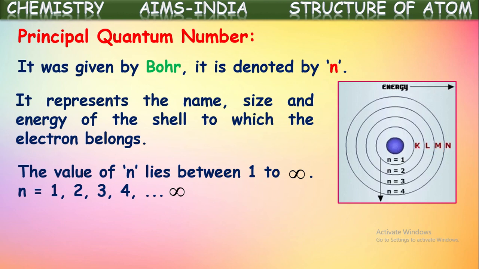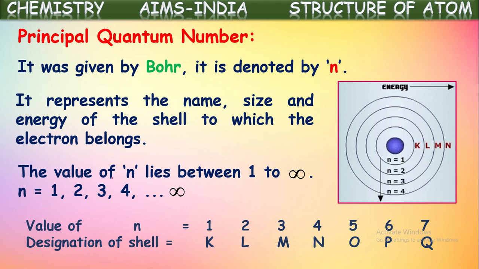As the number of the shell increases, the energy associated with the electron in that orbit also increases. The values of n are taken as 1, 2, 3, 4 and so on until infinity. As per the number of the shell, it is denoted with some symbols here.